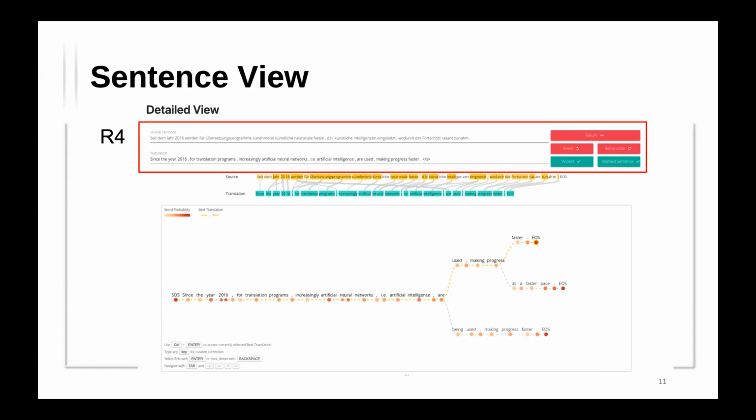So for example, if I'm not satisfied with a certain translation, for example, the word increasing, I want to change it into another word, or the article are, I want to change it into is. So is that possible? Does it allow us to provide such a correction on the translation?